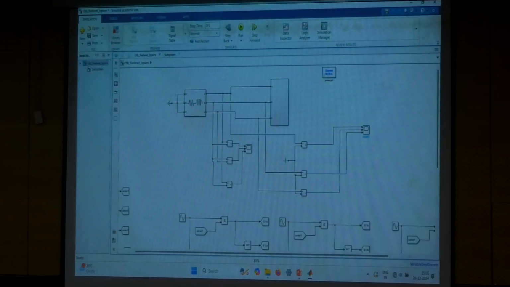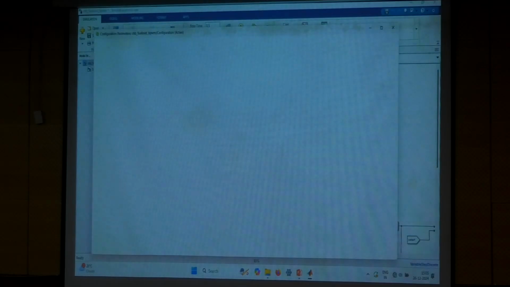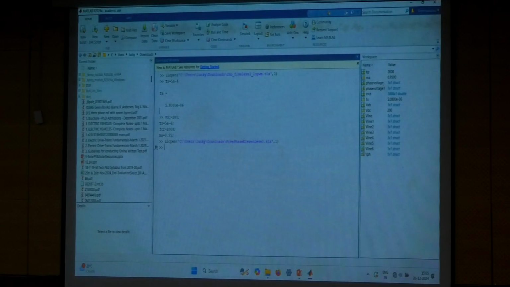So why is it so? I think if you see here, how much carrier frequency I selected. So FCR 2000, right? If you see here, FCR is 2000, right? So 2000 divided by 50 corresponds to 40, right?